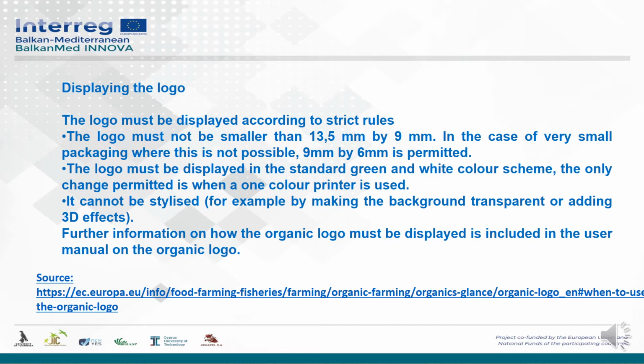What else I mentioned in the previous lecture is the use of codes. The first refers to the code of the country of production. Then letters which refer to the organic production, that can be bio, eco, org, and so on.